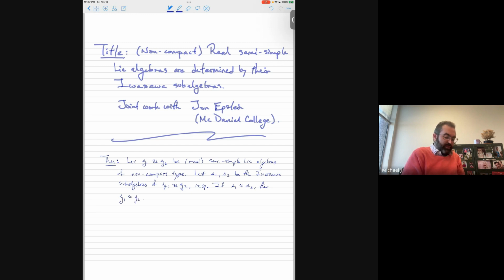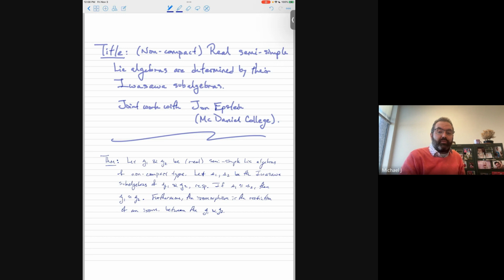So this is the main theorem, and then even further, furthermore, the isomorphism is the restriction of an isomorphism between the semi-simple objects. So this is the main theorem. The proof's not very long. I'll give the proof closer to the end.